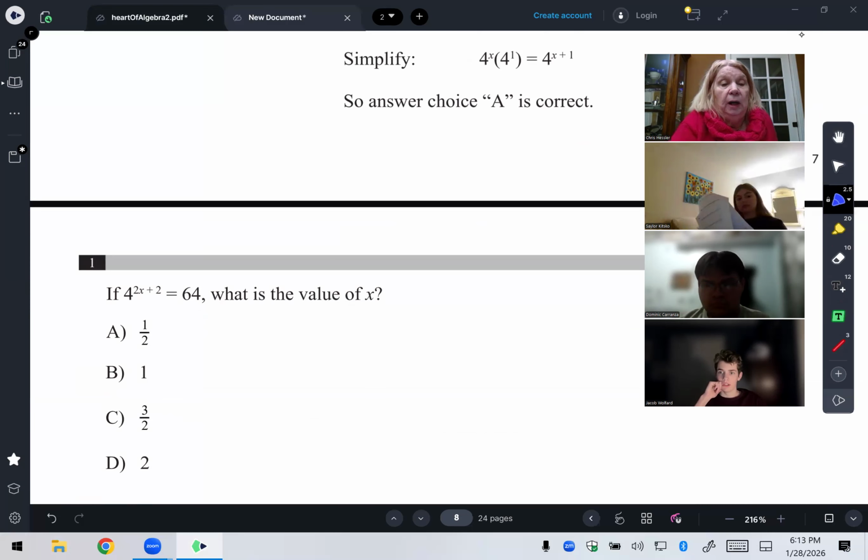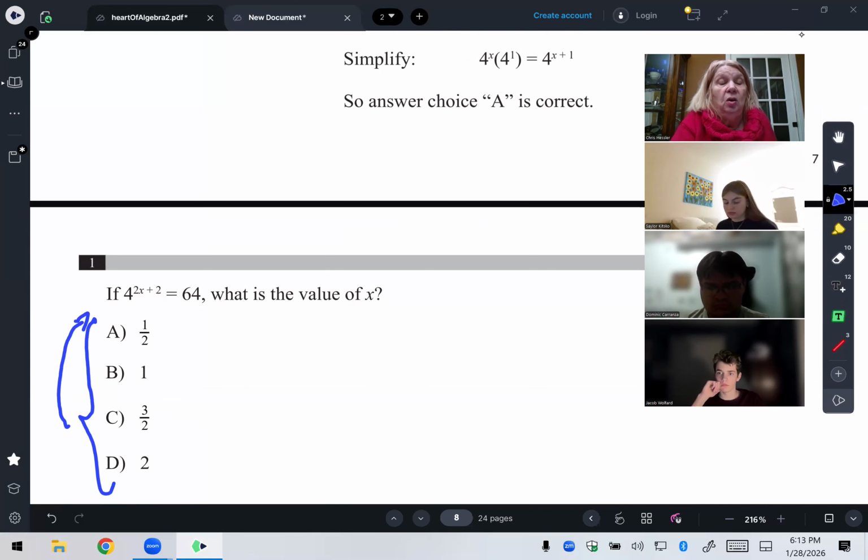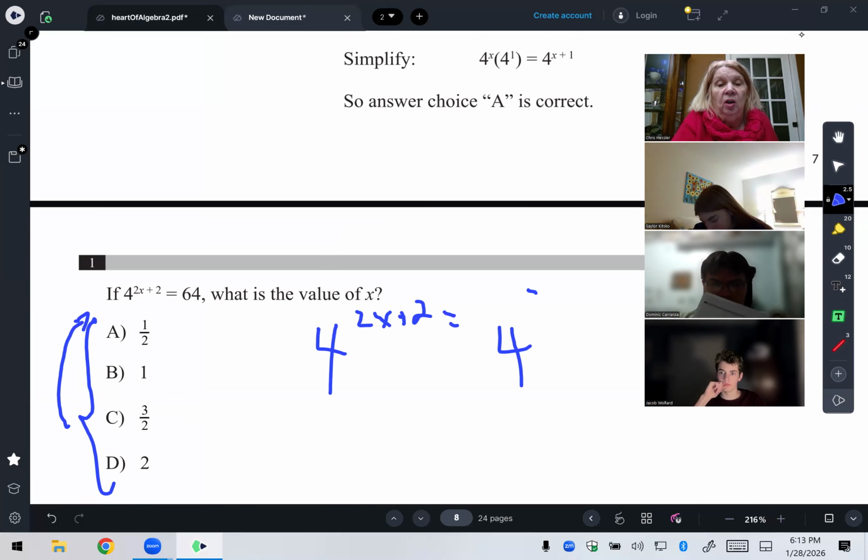Give this one a try. We could put the answer choices back in, or get them both in base 4. So 4 to the 2x plus 2 is 4 cubed.